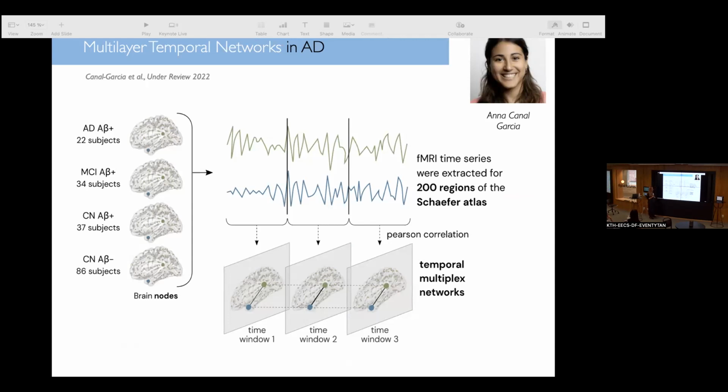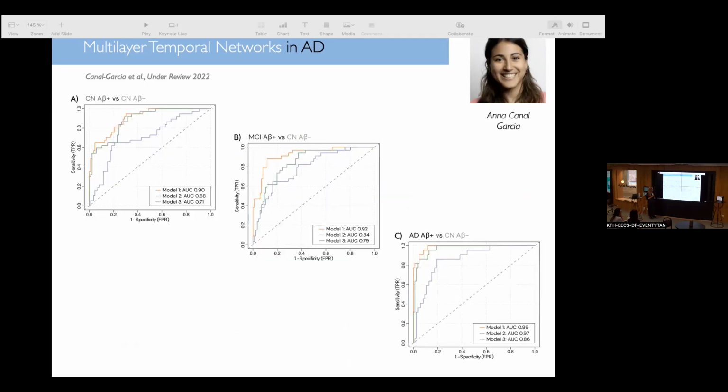So she did this across multiple time windows, and she measured different organizational measures across these time windows, and she did this for a group of controls and patients who were at different stages of Alzheimer's disease. And one of the most relevant findings, in my opinion, Anna might disagree, is the fact that we obtain really good classification performances for distinguishing different disease stages.